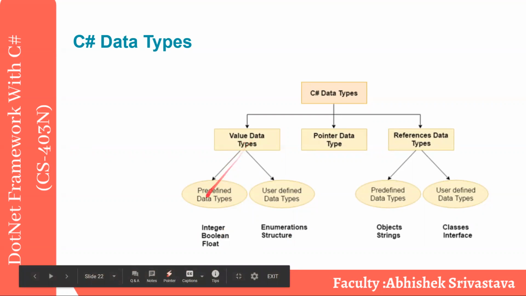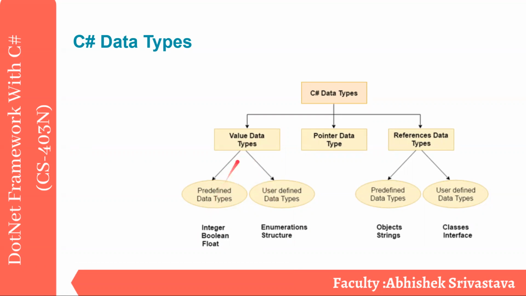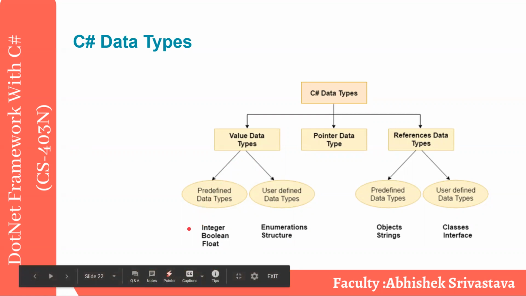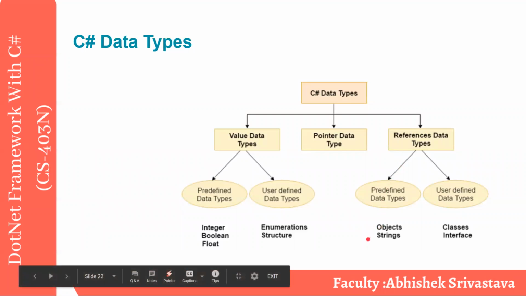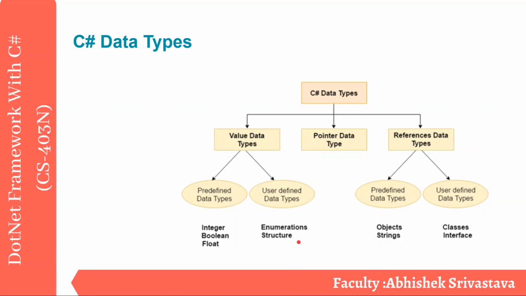Value type can be defined in two ways: predefined and user defined. In predefined value types: integer, boolean, float. These are some examples. Then in value type we also have enumeration and structure. Similarly, reference type: predefined are objects and strings, and user defined are class and interface. All right. These keywords are familiar to you.